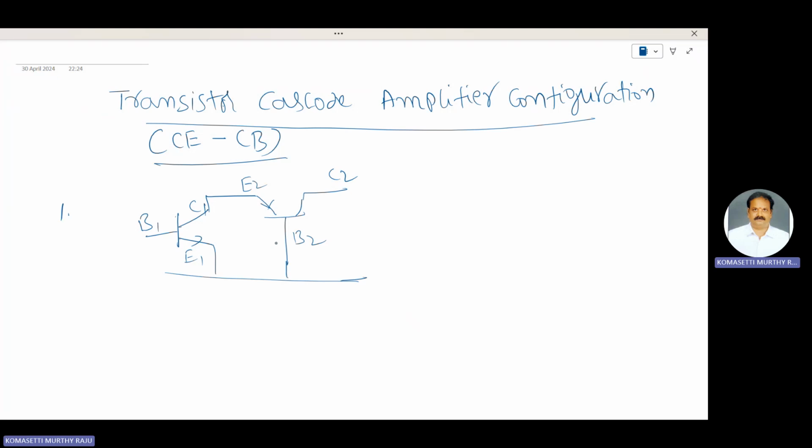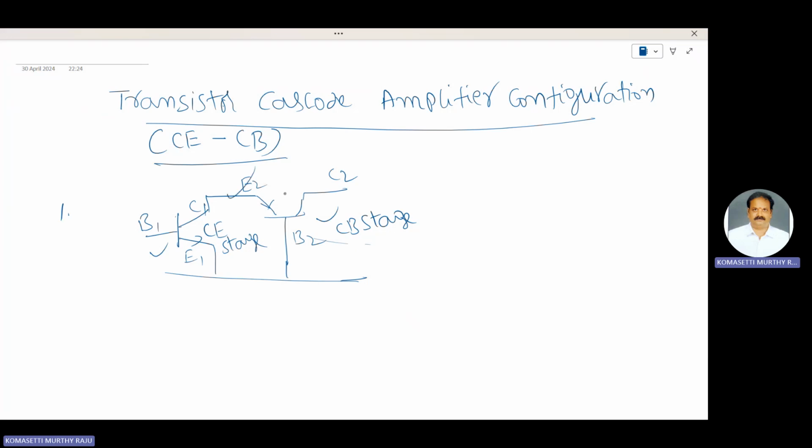It consists of a CE stage, followed by a CB stage, directly coupled to each other. The output of the CE stage is connected to the input of the CB stage.